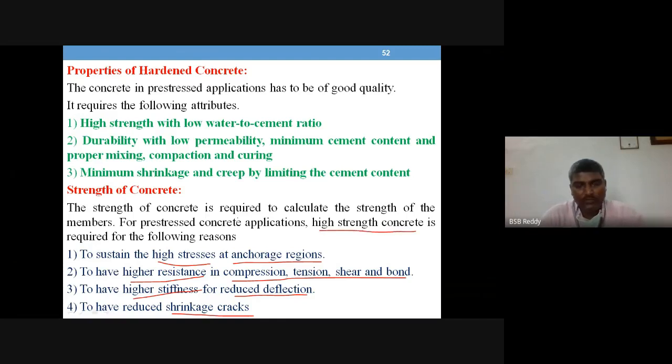For normal PCC or RCC, M20 grade of concrete is generally preferred for usage.